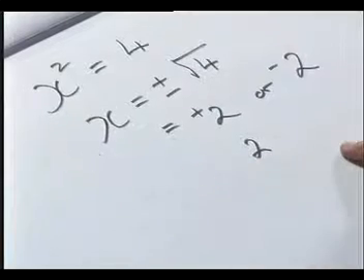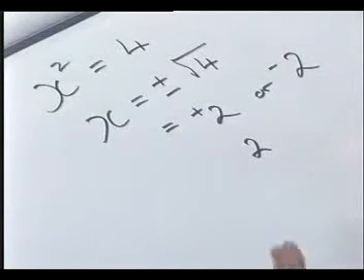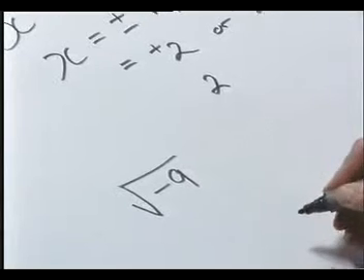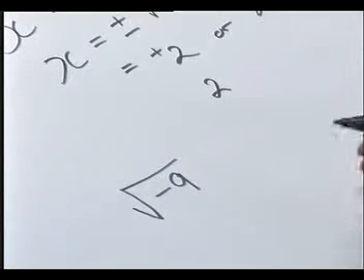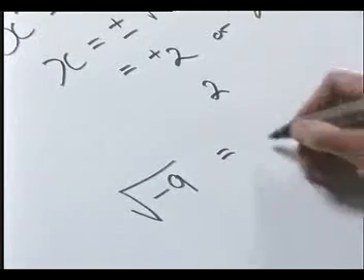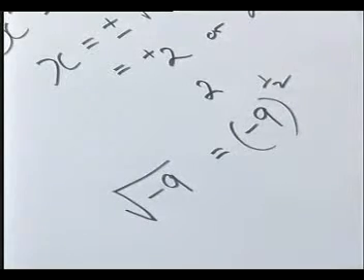Now moving on, what I'd like to do is actually do some work on the square root of negative numbers. We've done the square root of positive numbers. What if we had the square root of negative 9? Can we evaluate this? Well, the square root of negative 9 can be written as negative 9 raised to the power of a half.